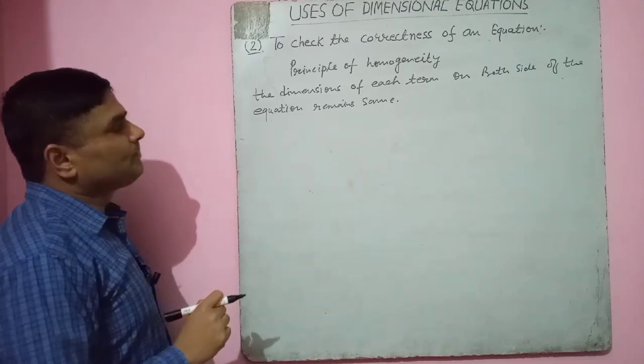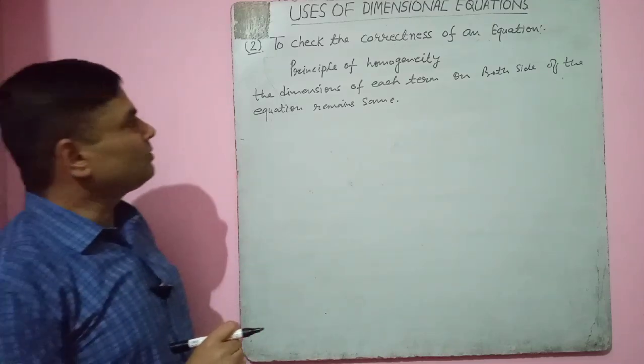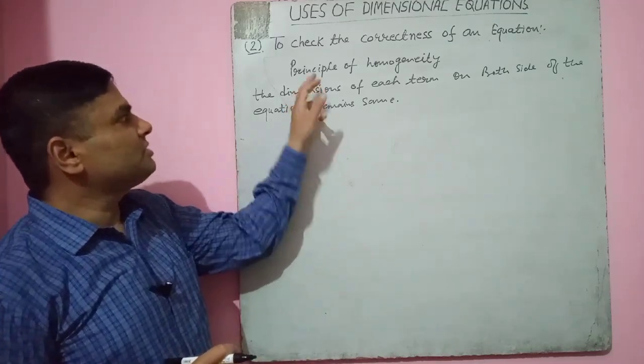The dimensions of each term on both sides of the equation remain the same. This is the principle of homogeneity.